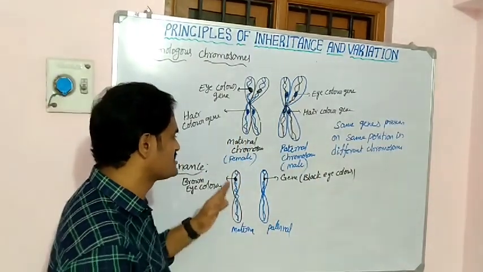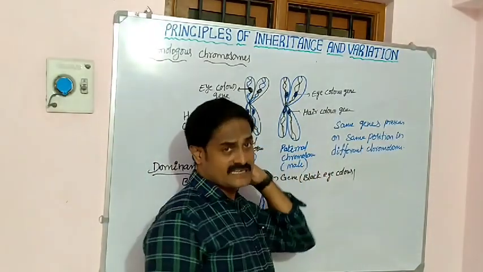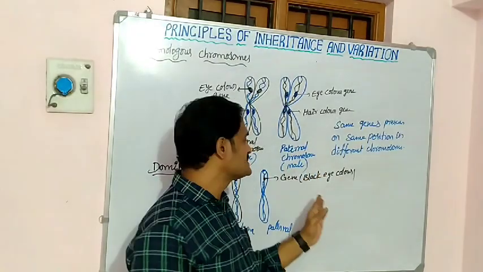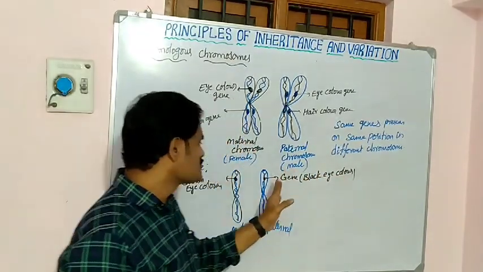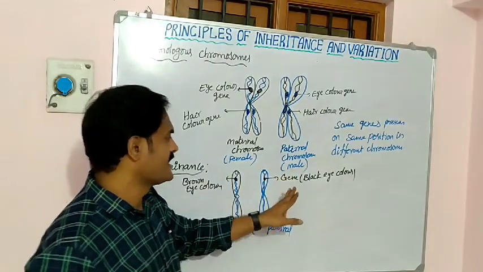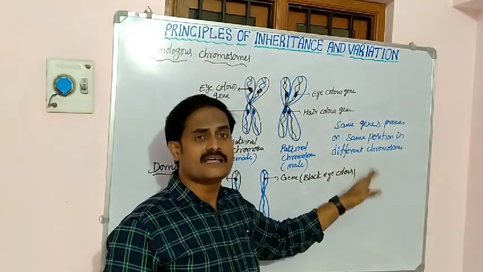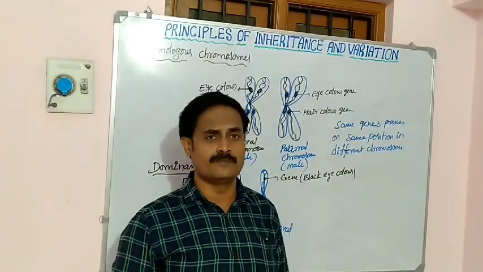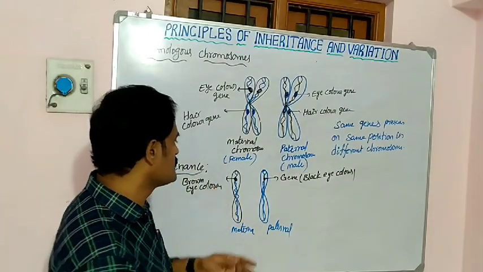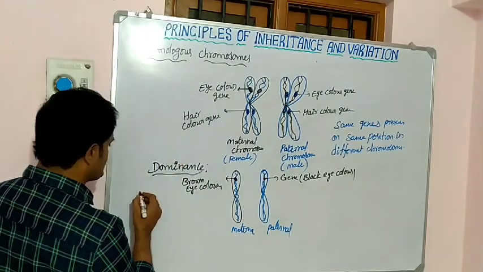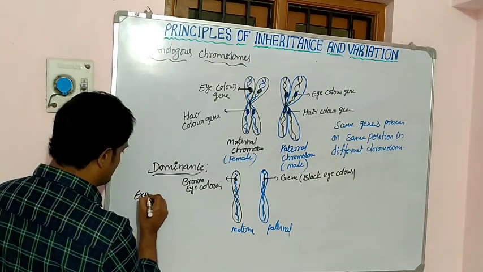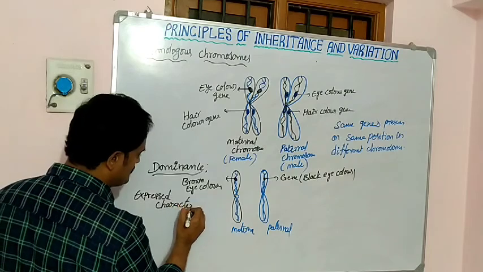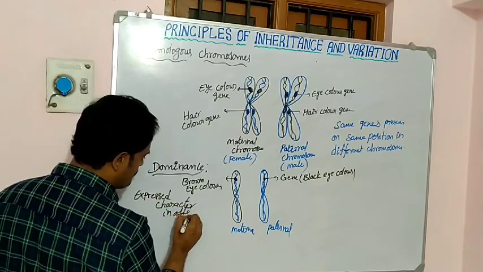Remember, black eye color is a dominant character, an expressed character. So in the upcoming offspring we will see black eyes. Why? Black color is dominant. Dominance means the expressed character in offspring.